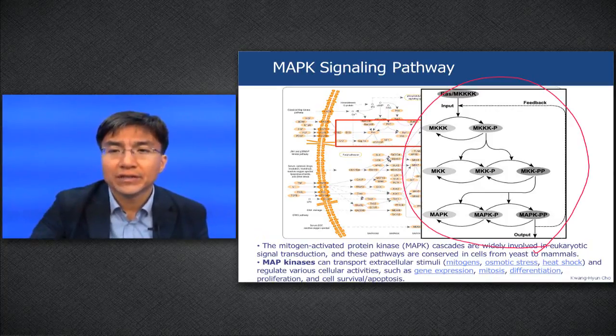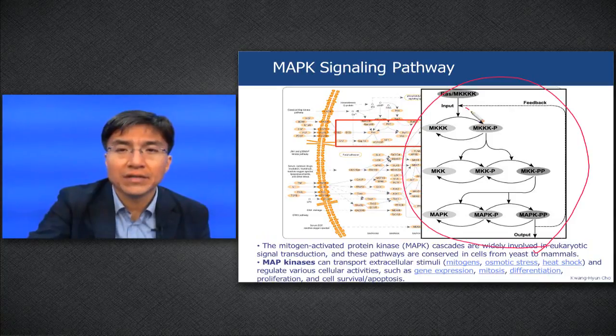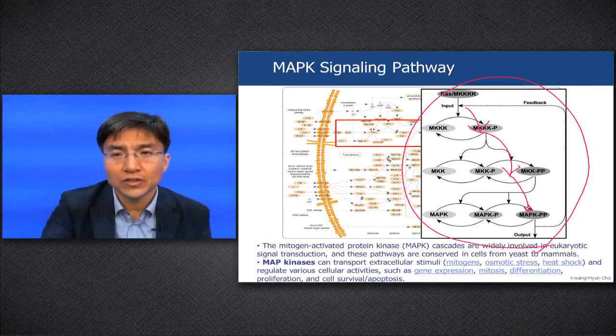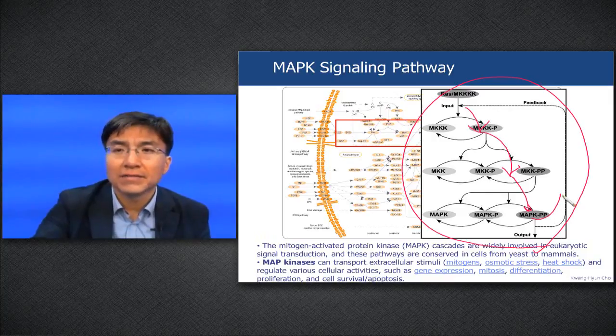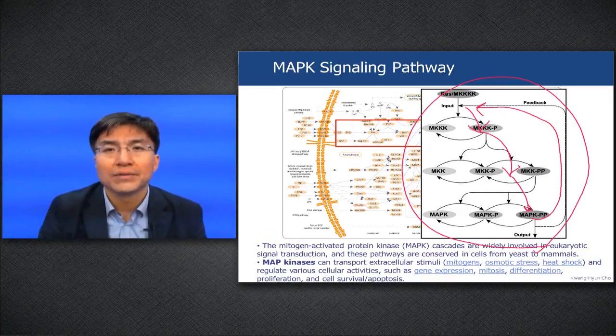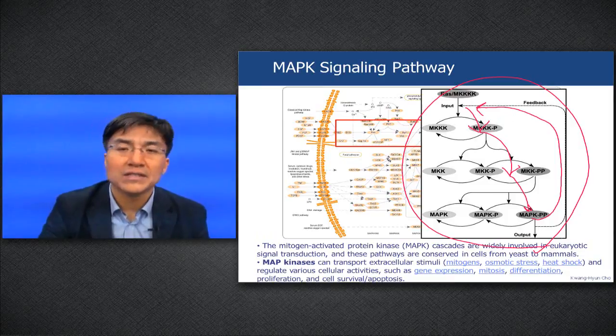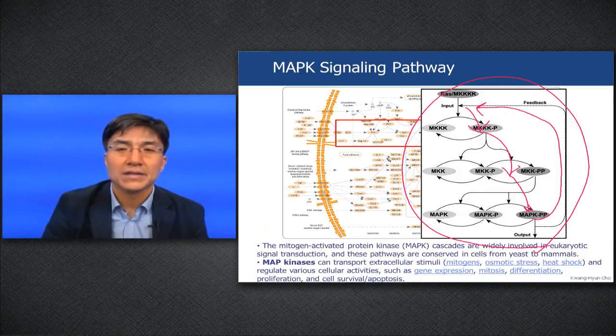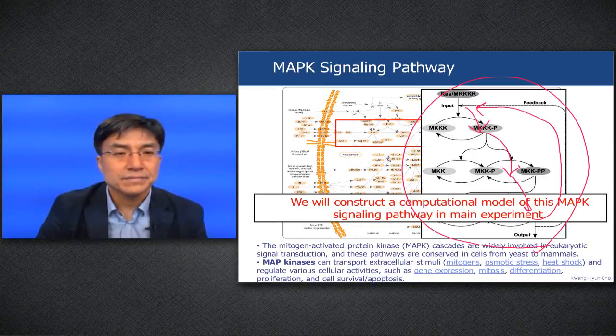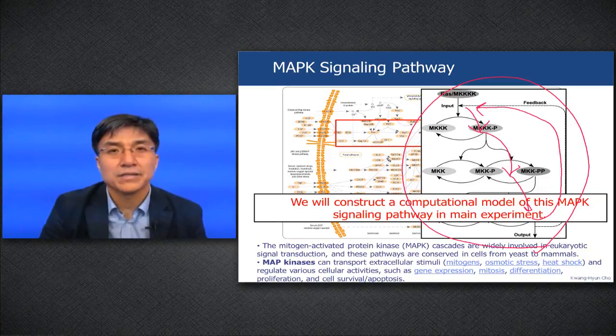As you see here, there is a simple 3-tier cascade of signaling, and each step has a single or double phosphorylation, and it has a feedback loop from the output to the input. You will see that this feedback actually results in many interesting dynamical properties. It's not so intuitive. So you will construct a computational model of this MAP kinase signaling pathway in your main experiment.